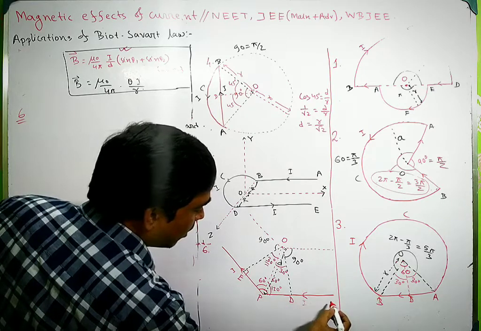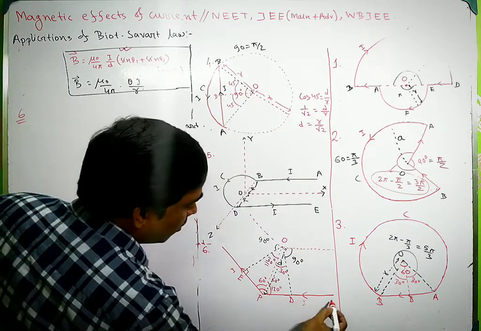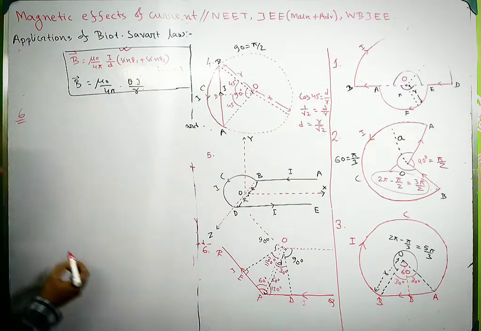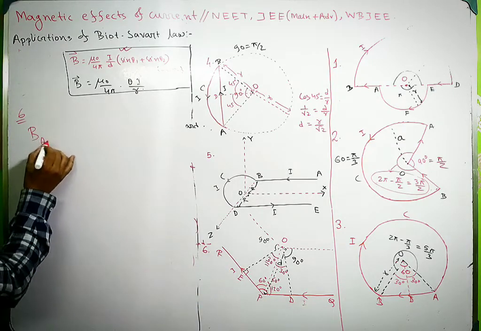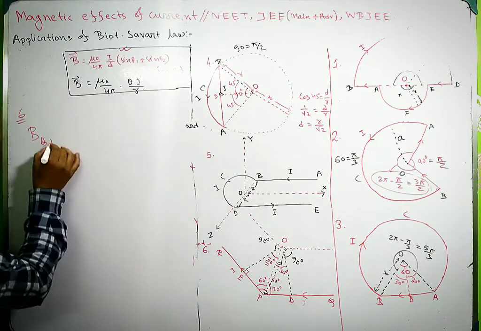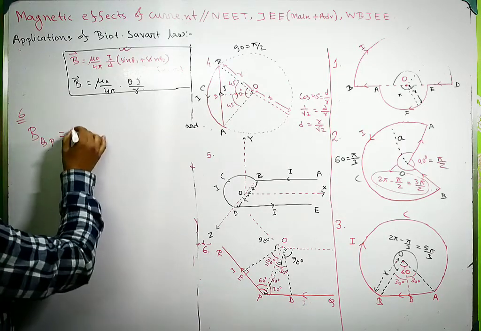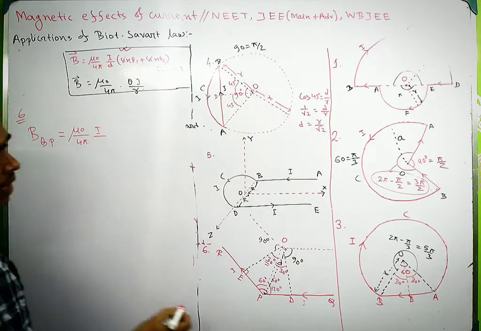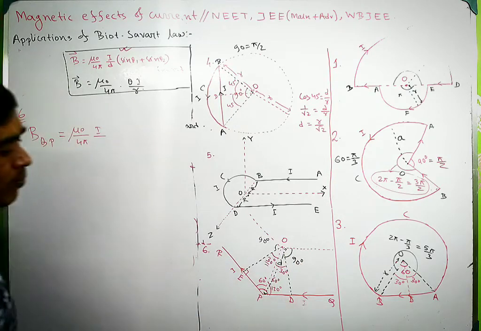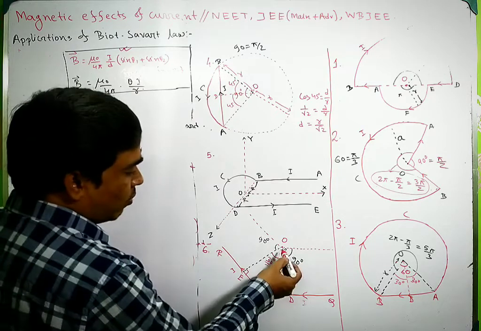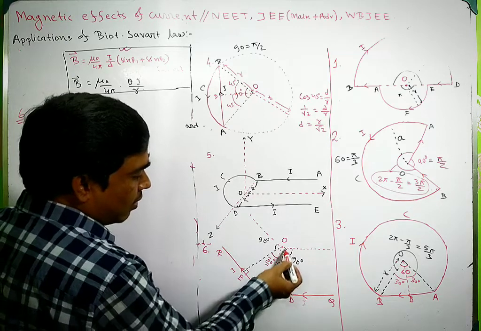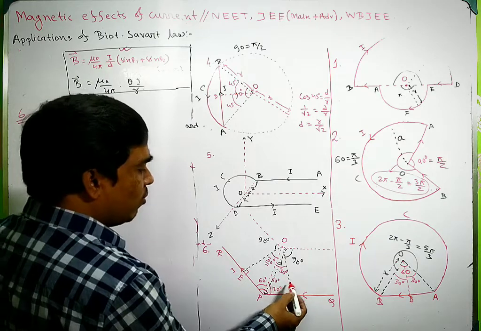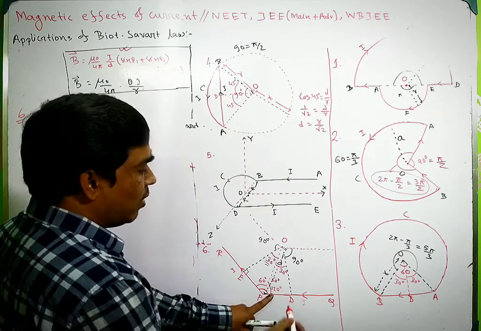Suppose this is P, this is Q, this is R. So the magnetic field for the QP portion is given by mu 0 by 4 pi into I, and you have to calculate this distance. This distance is D, and this angle is 120.